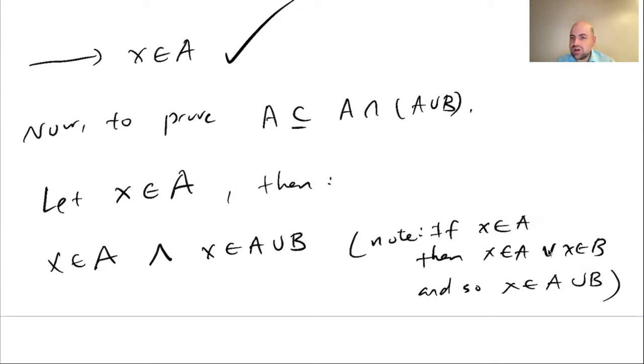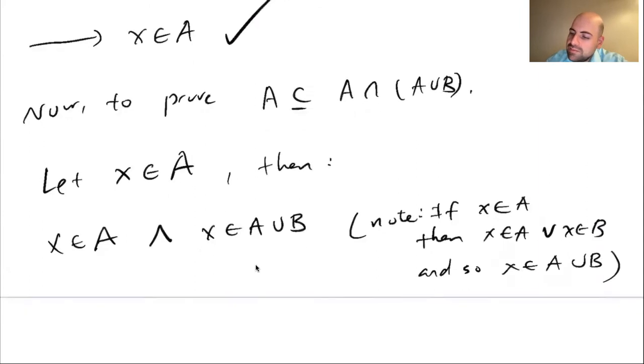Why? Because there's a disjunction between them. When can I say that the disjunction statement is true? If at least one of them is true. Well, I know that this one is true by my assumption. So this whole statement is true. And if this whole statement is true, that means X belongs to A union B. Why? Because by definition of union, A union B is the set of elements X for which this statement is true. But now I said this statement is true, so X belongs to A union B. So that's the justification of this part.